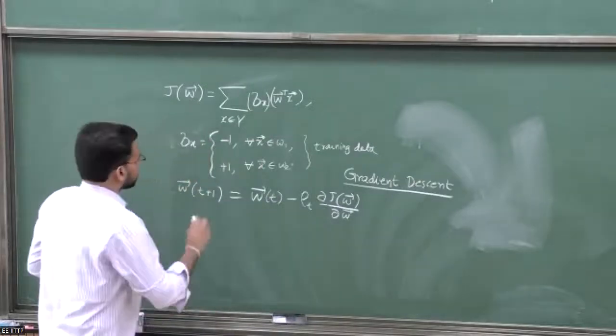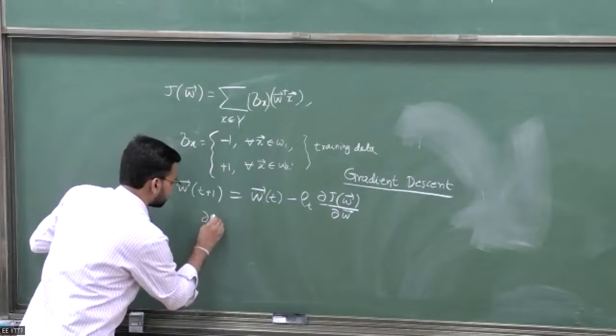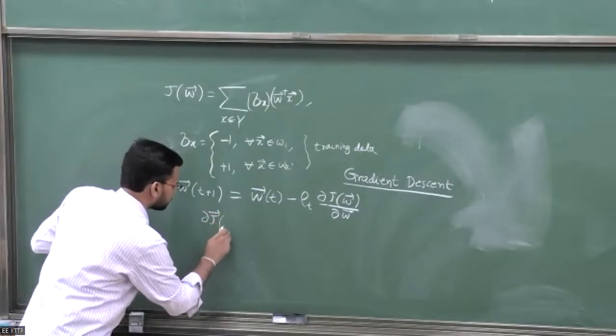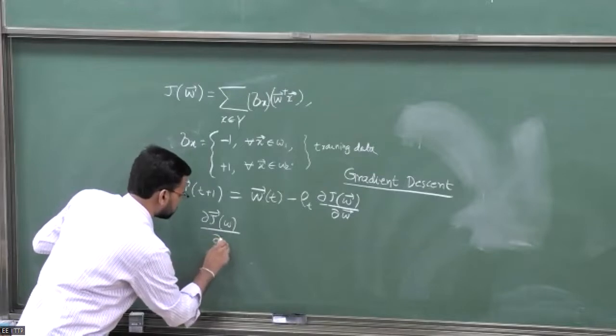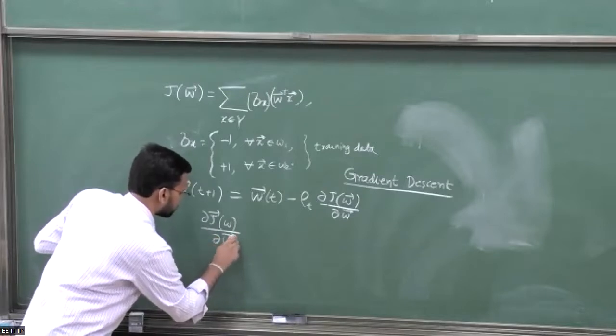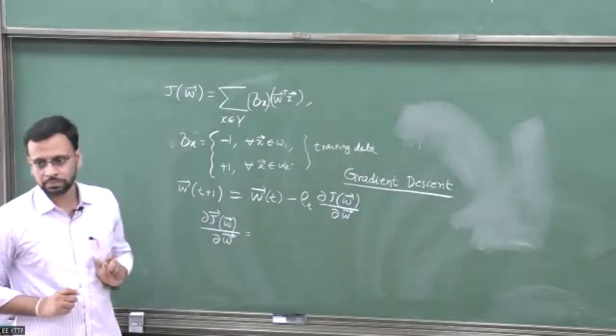Right. So can you now tell me the expression for dou J of w bar over dou w bar? What is the value there?